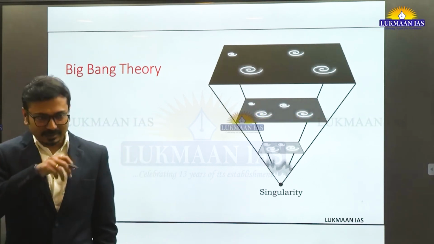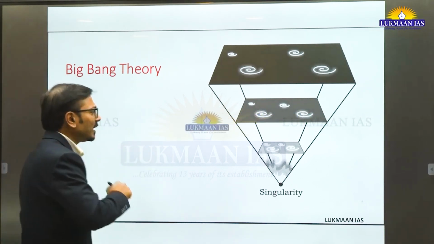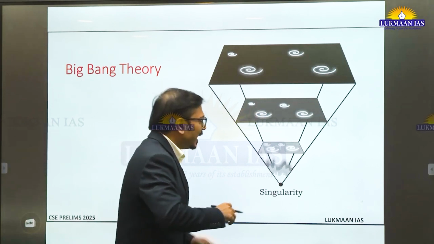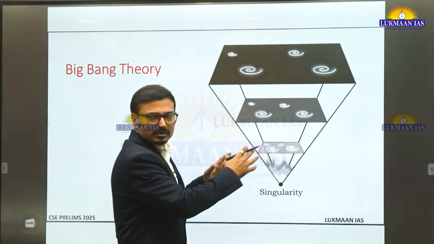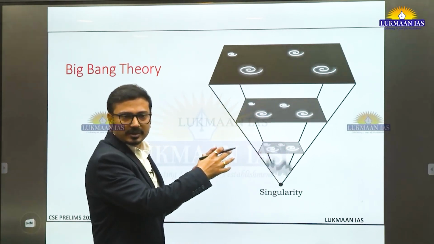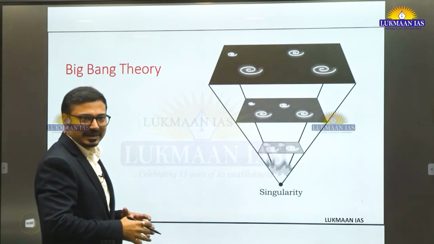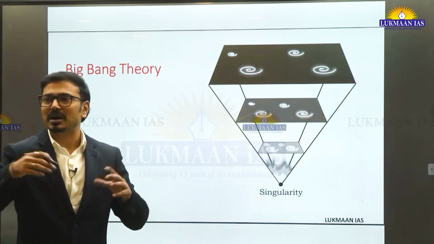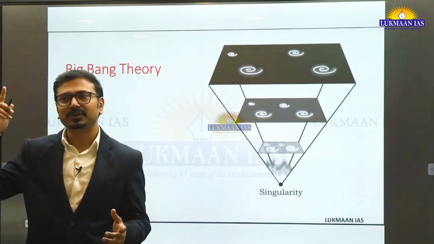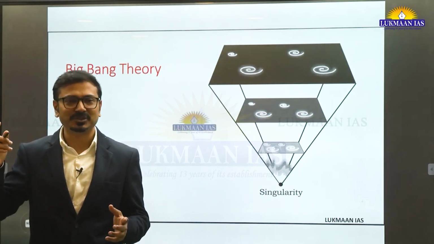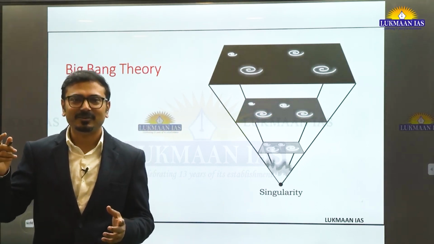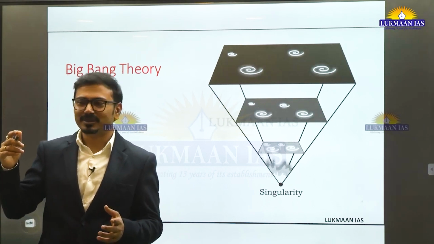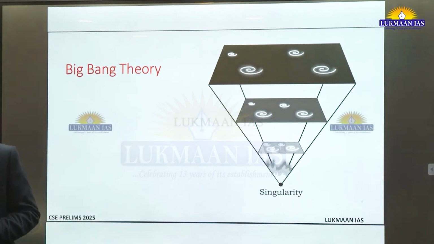Because of that, expansion started from that region. That means the energy released from that violent explosion started getting converted into mass. Einstein's equation, E is equal to mc square. We learned it in school, but we never understood what E is equal to mc square means.